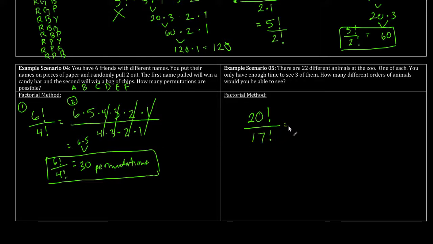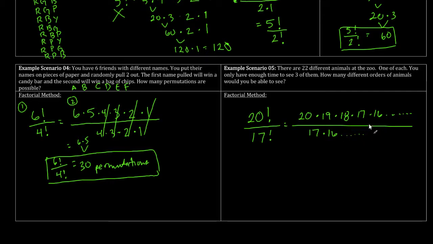Now, I'm not going to write down everything, but I will write enough. So we do 22 times 21 times 20 times 19 times 18, and we keep going on, right? And then we're going to do 19 times 18 times 17.